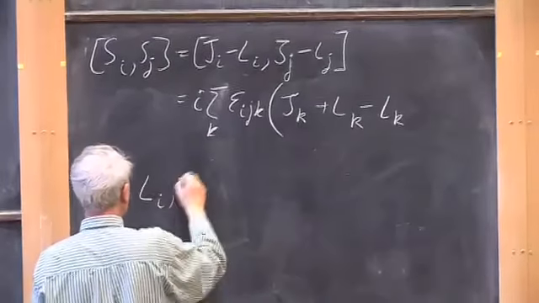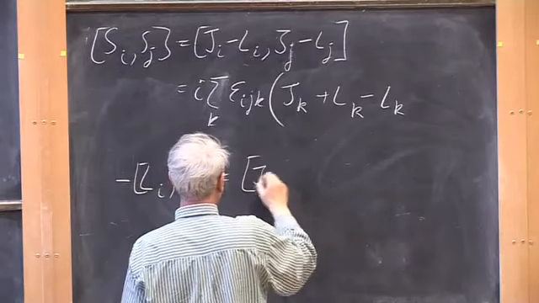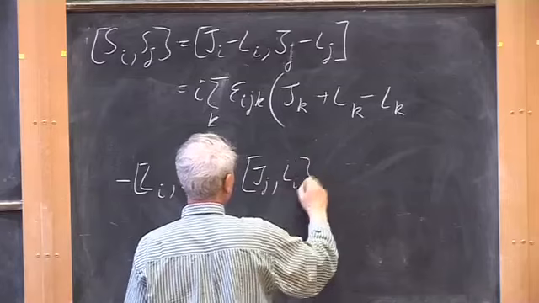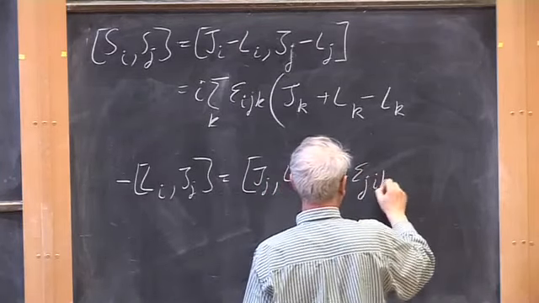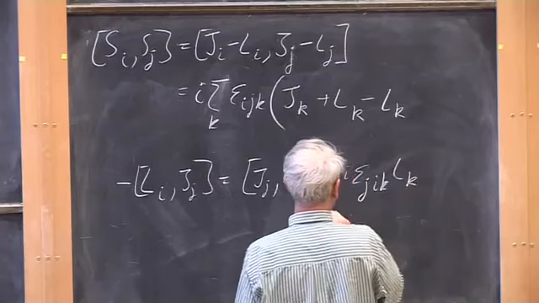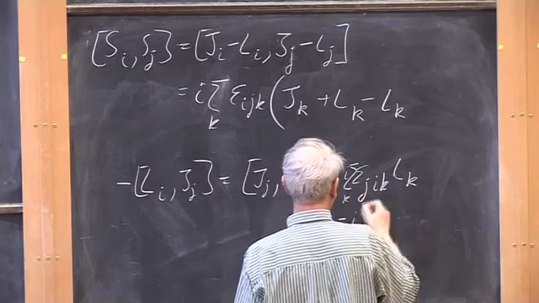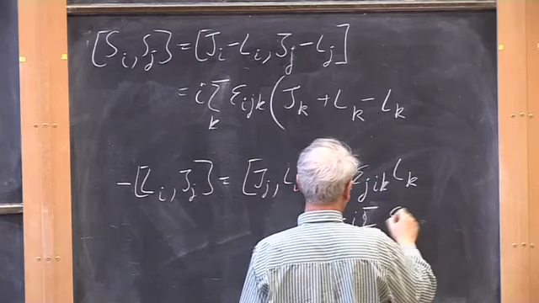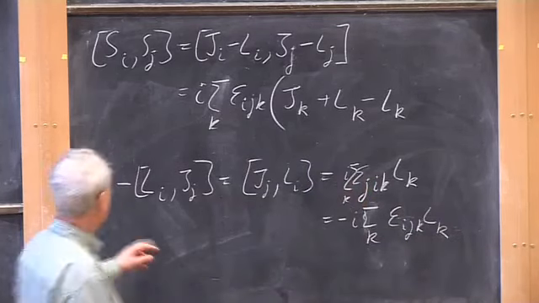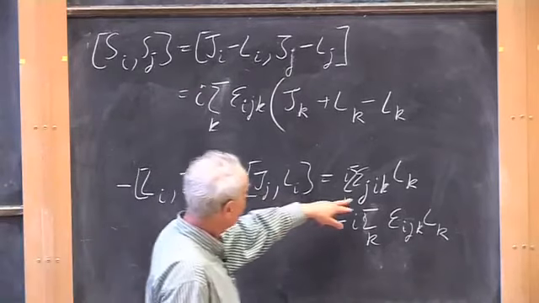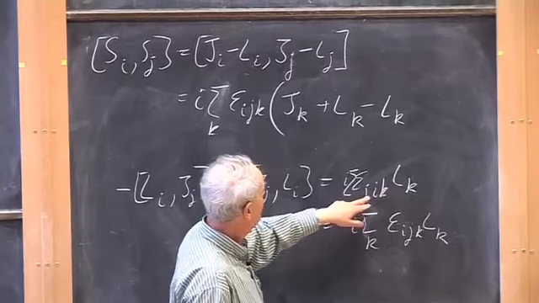We're looking at minus [Li, Jj], which is equal to [Jj, Li], which is equal to i epsilon jik Lk, which is equal to minus i epsilon, summed over k, epsilon ijk Lk.